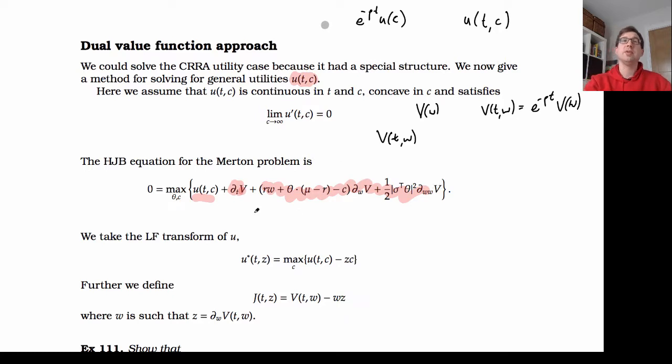Okay. Notice this would also be the drift I'd get from Ito's formula for the function v of t of w_t. If I looked at Ito's formula, I'd pick up this extra term for the partial derivative with respect to t. Okay. All right. So enough about that.